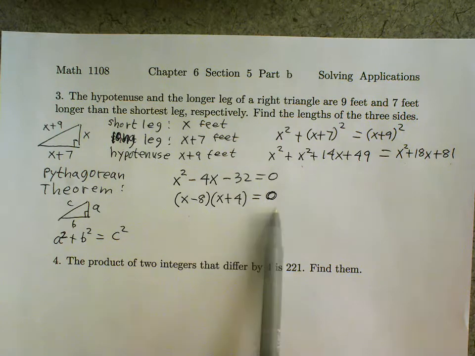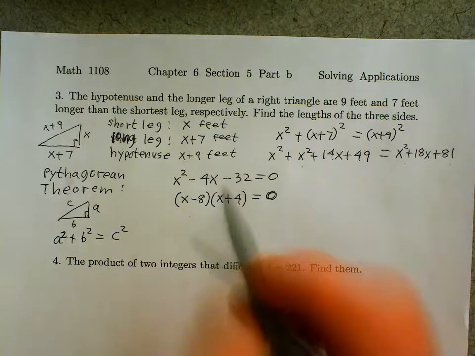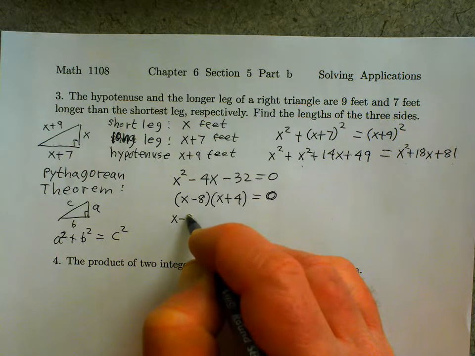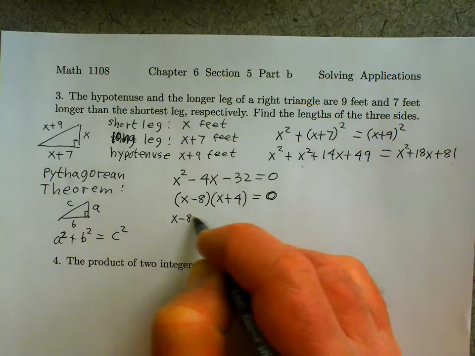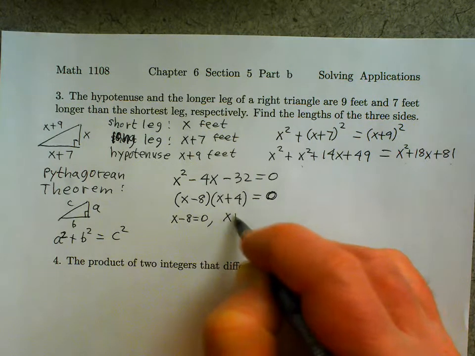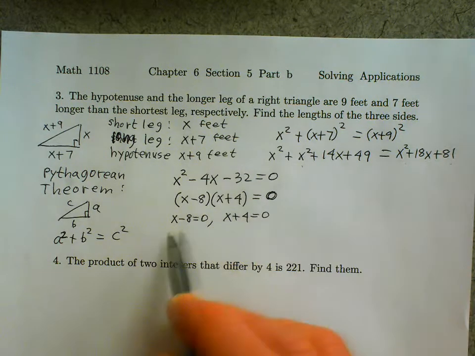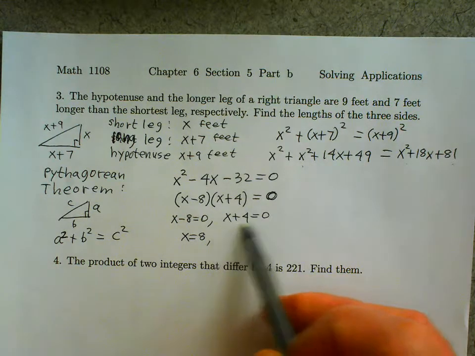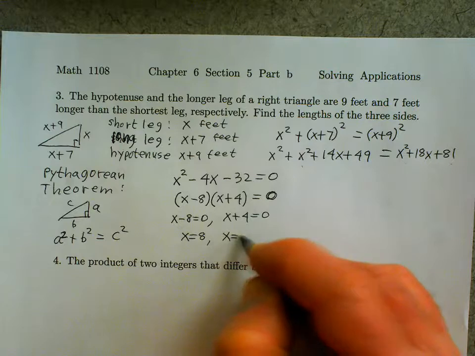So the solutions, if x minus 8 is a factor, I'll go ahead and write the details. We set each factor equal to 0. So if x minus 8 is 0, x equals 8. And if x plus 4 is 0, x is negative 4.